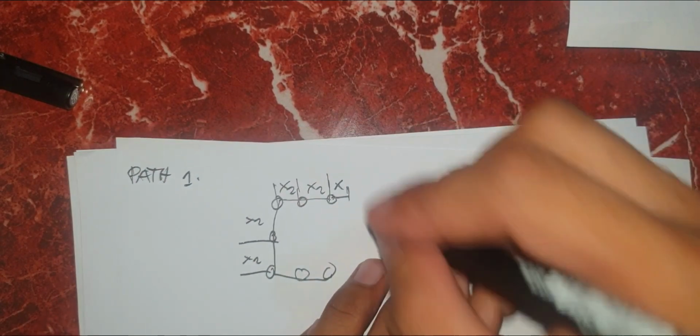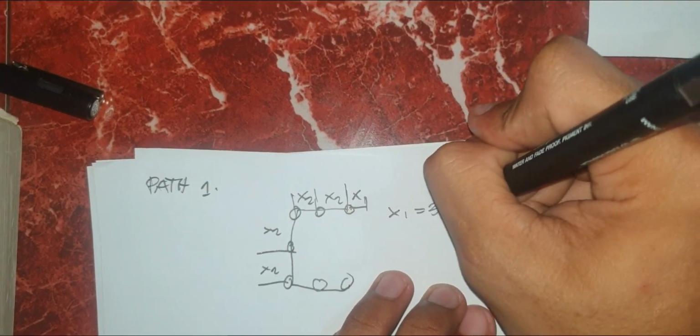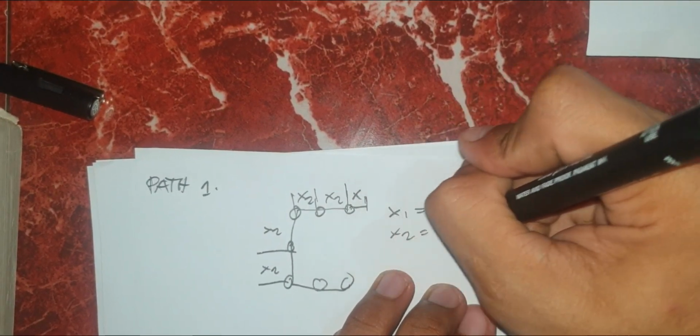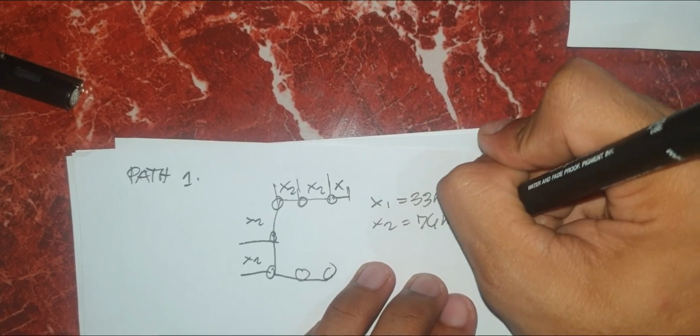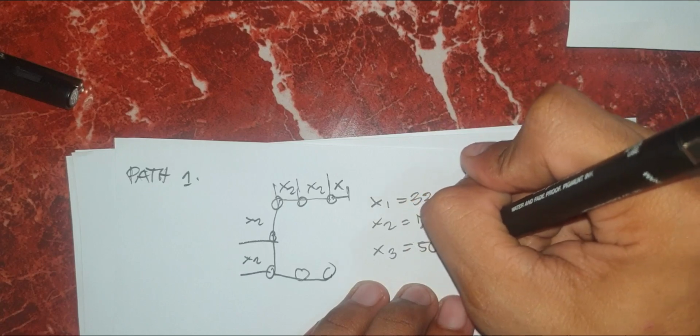So our except 1 equals 33 mm, except 2 equals 76 mm, and except 3 equals 50 mm.